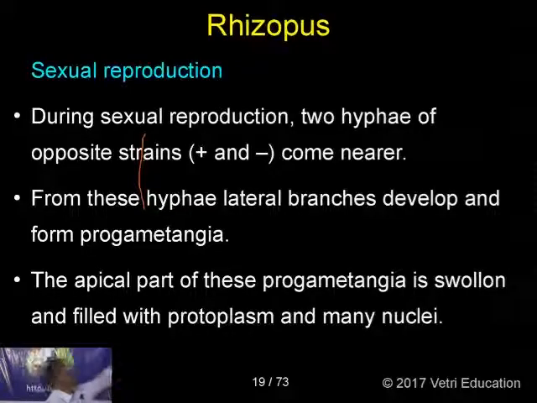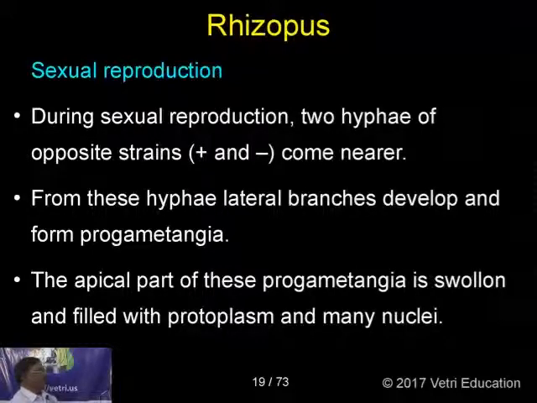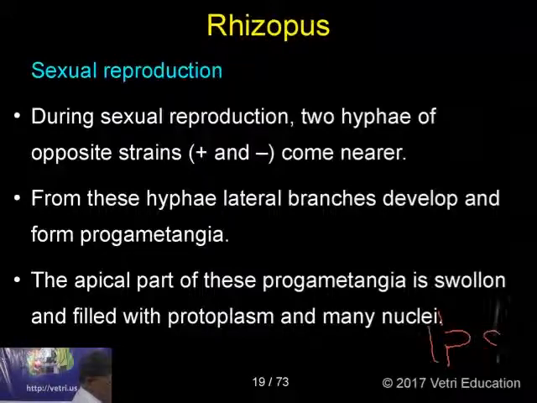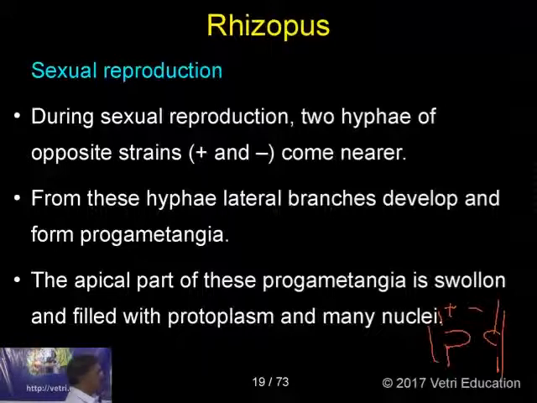During this sexual reproduction, 2 hyphae of the opposite strains, that is plus and minus, come nearer. Outgrowths develop in the opposite strains and then come together. This is called a progametangium.